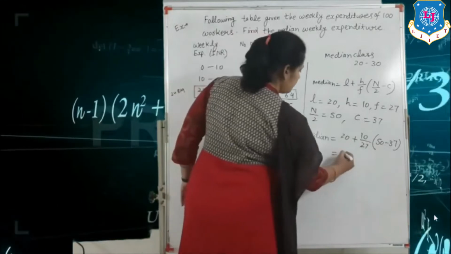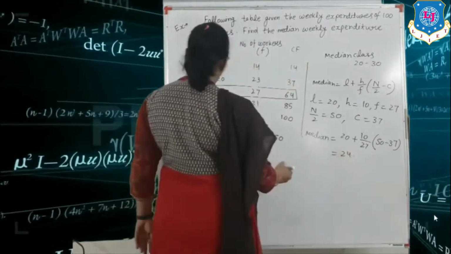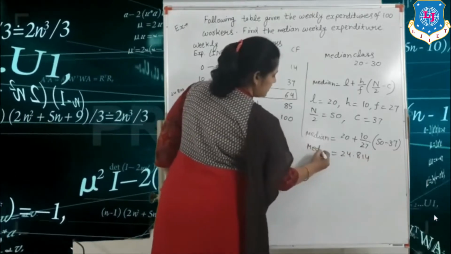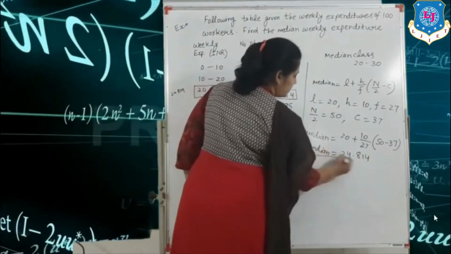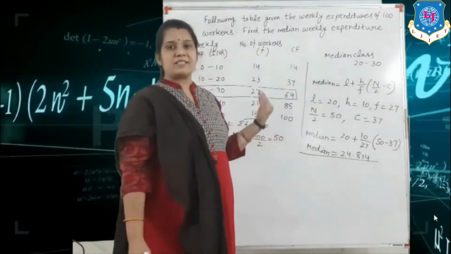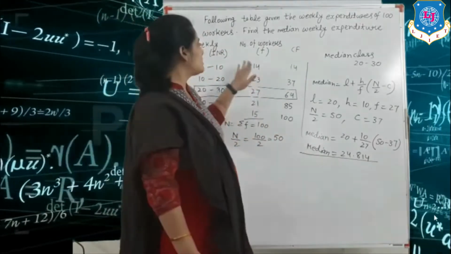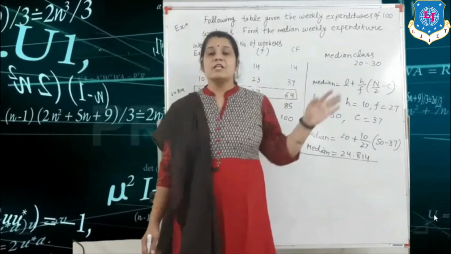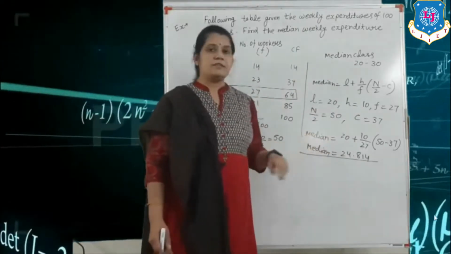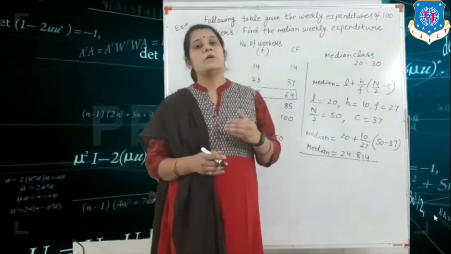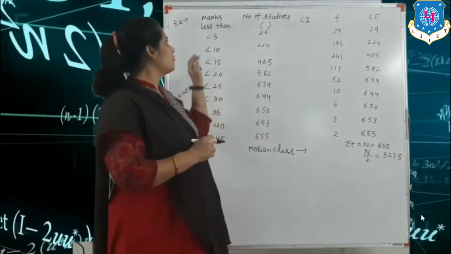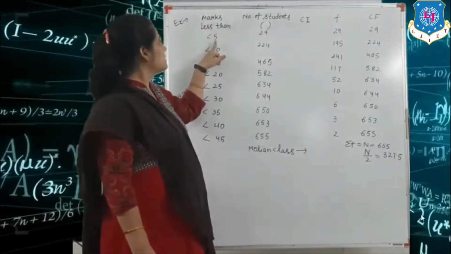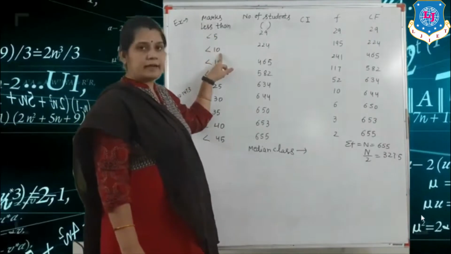Solve this value and we get 24.814. This is your median according to the less than frequency distribution. Okay, so this is the example of the number of workers and weekly expenditure. So our median is 24.814.